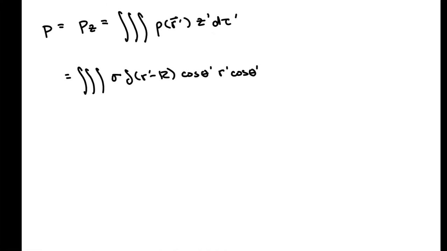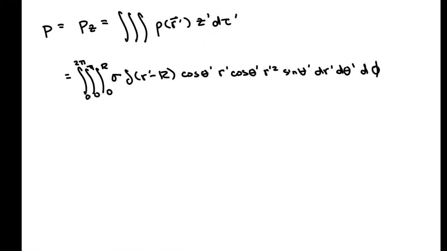And I have to write out what d tau is, so I get an r prime squared times the sine of theta prime dr d theta d phi. Of course I'm going to do this integral from 0 to r, from 0 to pi, and from 0 to 2 pi. I'm not going to do that in detail.